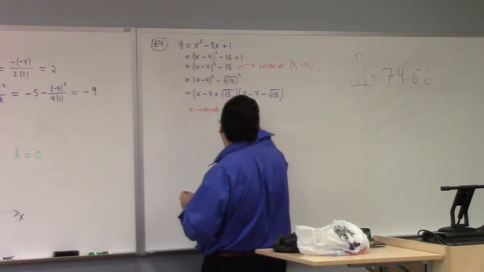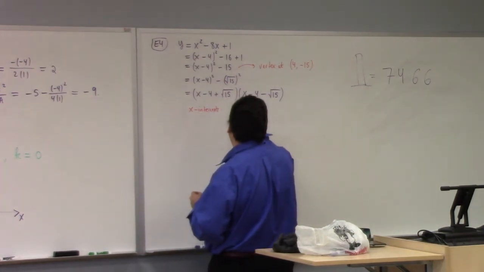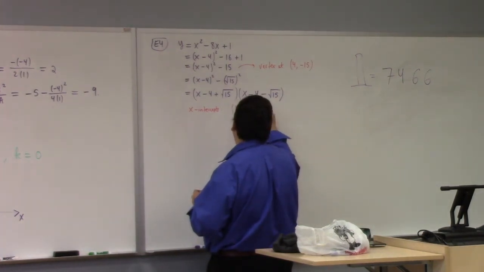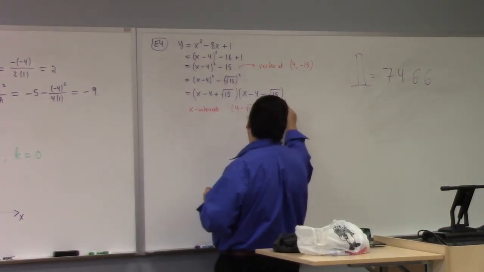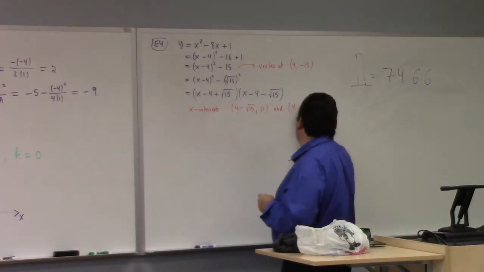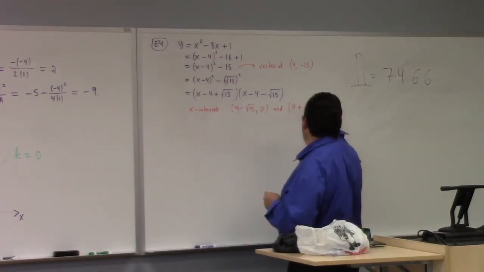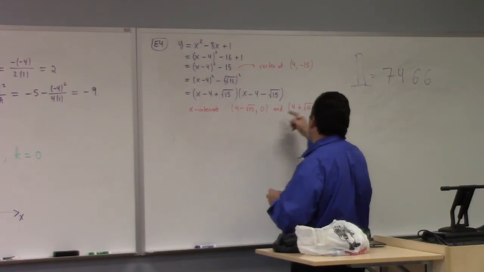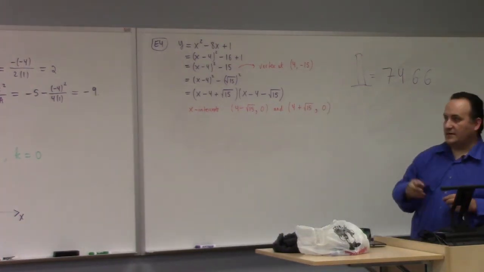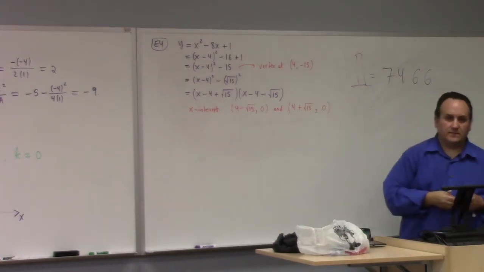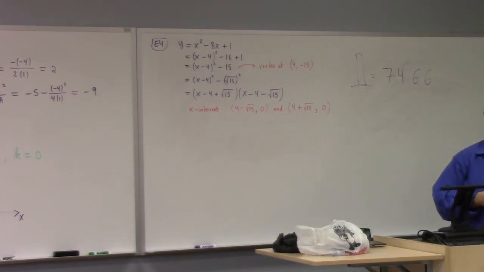We've got 4 minus the square root of 15, comma 0, and 4 plus the square root of 15, comma 0. Those two values, when you plug them into the factors right above, make the factor 0, right?